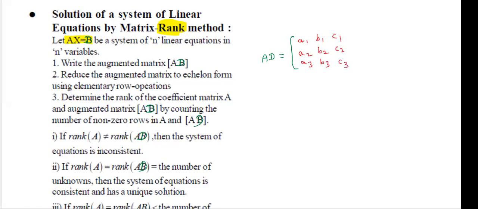This is the coefficient matrix. And write the constant matrix also: d1, d2, d3. By combining both the coefficient matrix and the constant matrix, we get the augmented matrix. Students, all of you understood now how to write the augmented matrix.